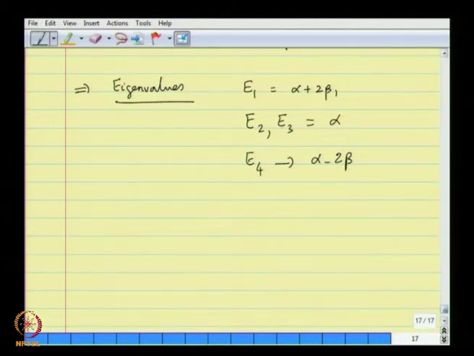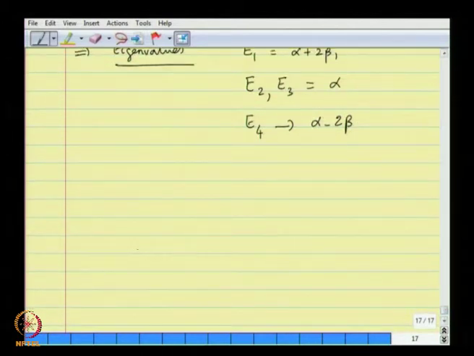Okay. So if you draw the molecular orbitals for the energies E1, this is alpha plus 2 beta, and then you have alpha which is doubly degenerate.